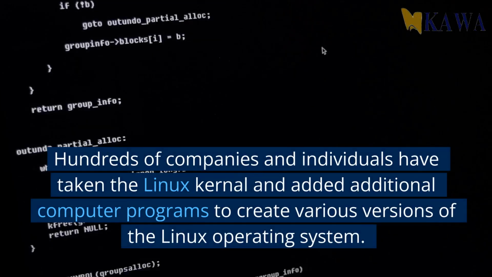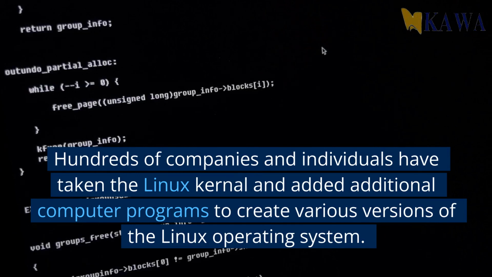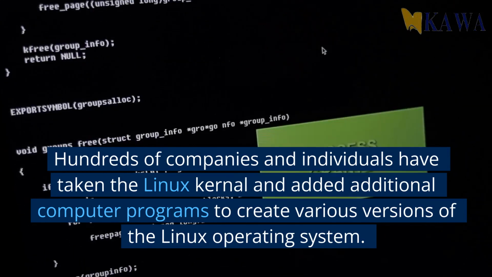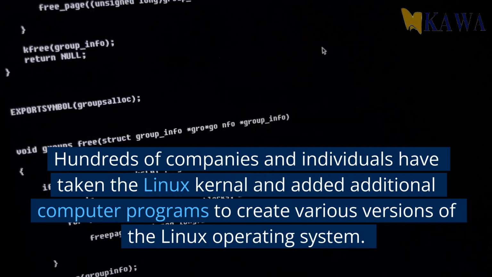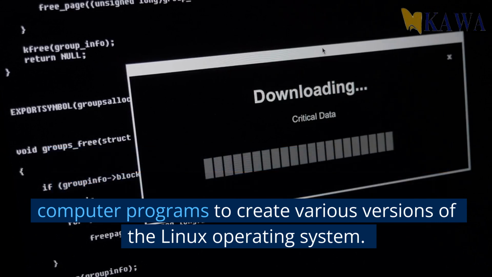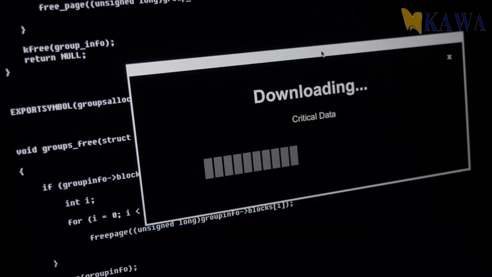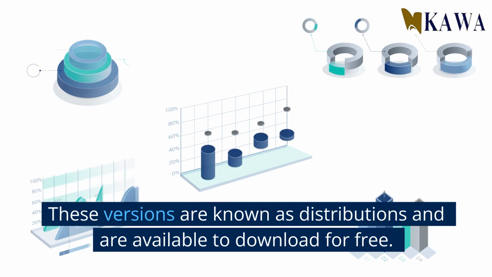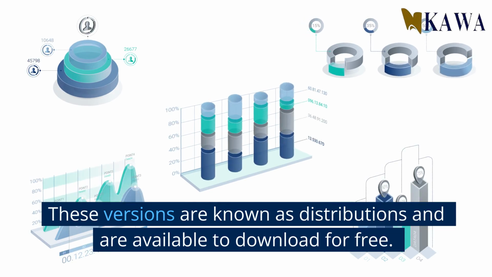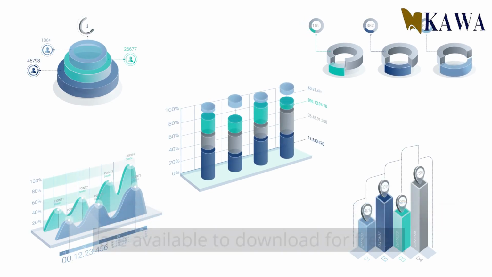Hundreds of companies and individuals have taken the Linux kernel and added additional computer programs to create various versions of the Linux operating system. These versions are known as distributions and are available to download for free.